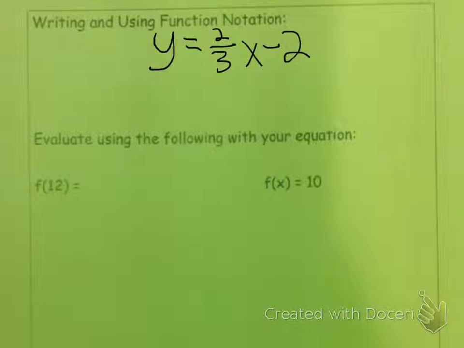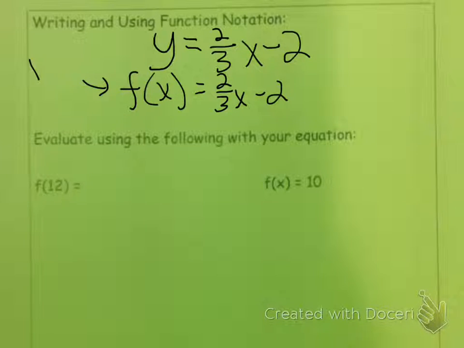So this is where we have the f. Remember our function machines where we have the input and the output? So f of x equals 2/3 x minus 2. Same thing, just a different way of writing it. And remember, this is our function name. So let's go ahead and label that.